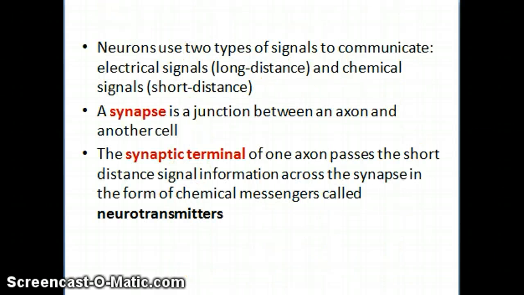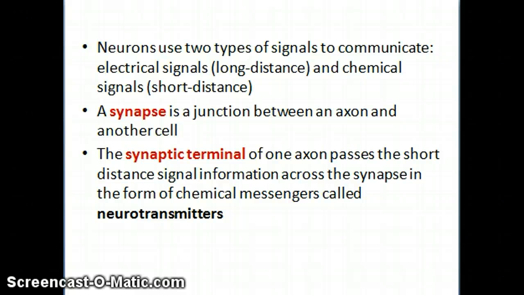So neurons use two types of signals to communicate. They use electrical signals, which we're going to study in depth, which are responsible for allowing the signal to travel a long distance. And then they also use chemical signals, which allow them to communicate with cells nearby. So this would be what's involved in, for example, the exchange at the synaptic junction.